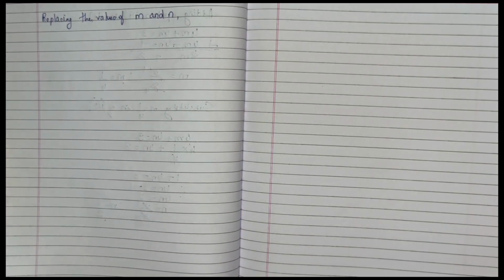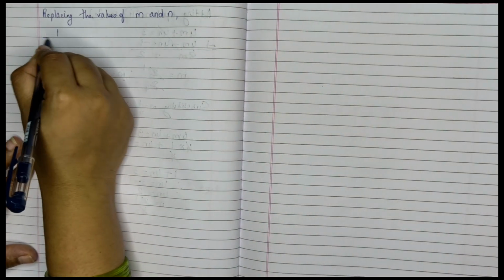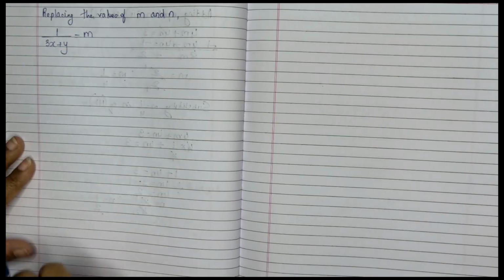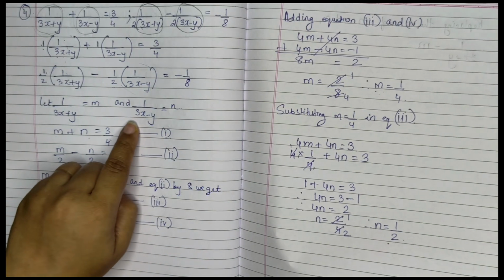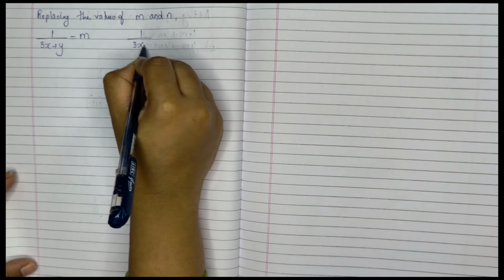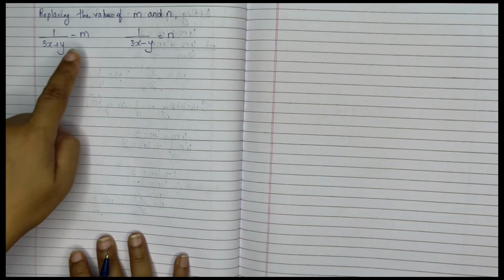Now see here, 1 upon 3x plus y is equal to m, and the next one was 1 upon 3x minus y is equal to n. Okay, so now we will put the values of m and n.